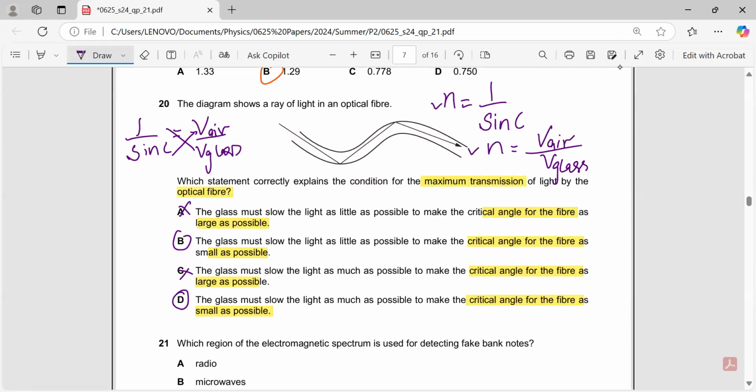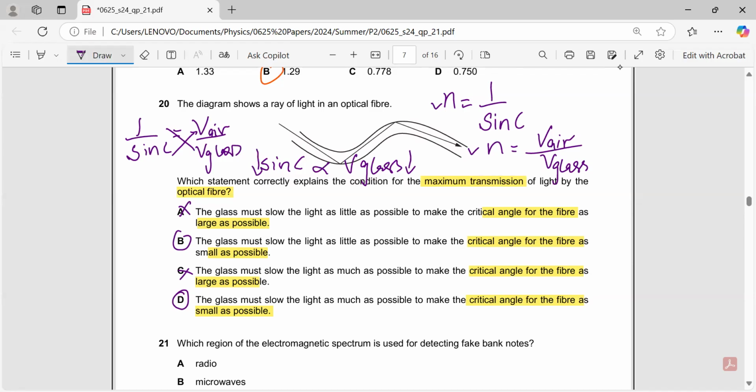So as we are trying to make the critical angle as low as possible, the glass must also slow down the speed to make the critical angle as small as possible. So for this, we have option D, because from here it's the direct relationship.